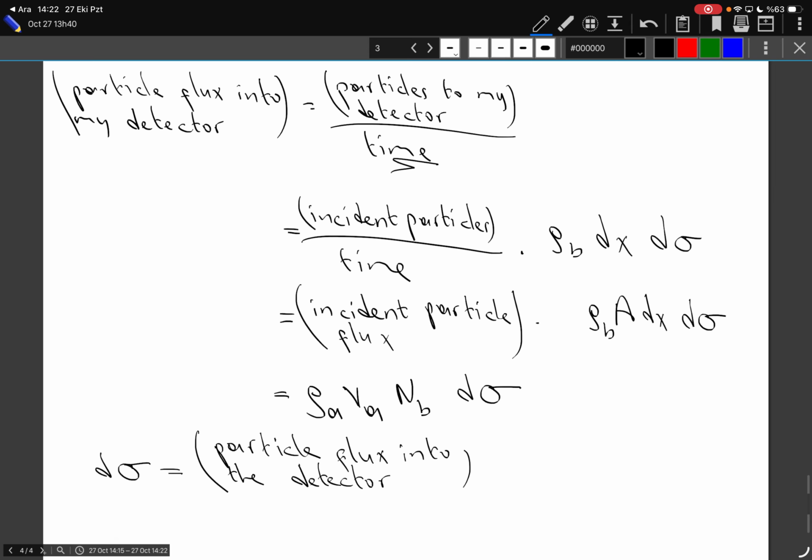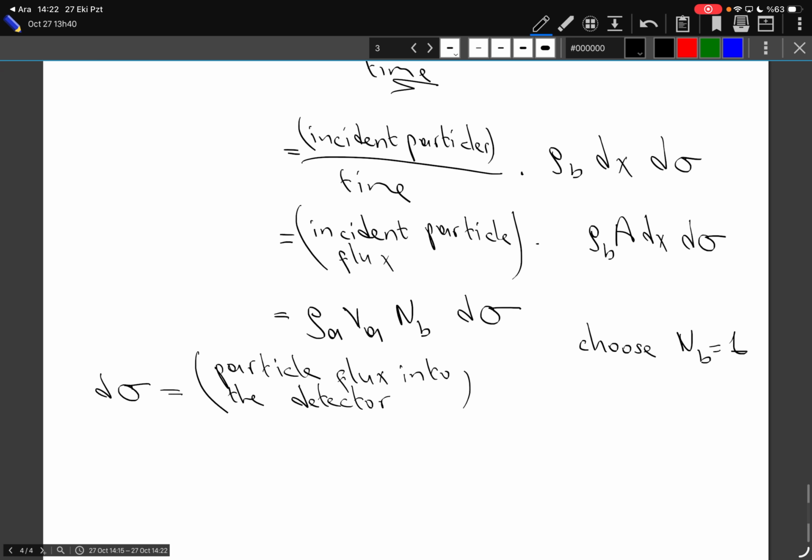The nice thing about being a theoretical physicist is I can say that I have one B particle. That I have one particle, I'm just sending all these particles, divided by, and I'm saying that rho A is also 1.